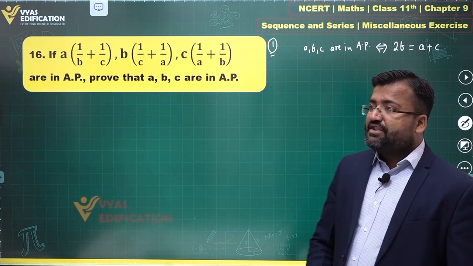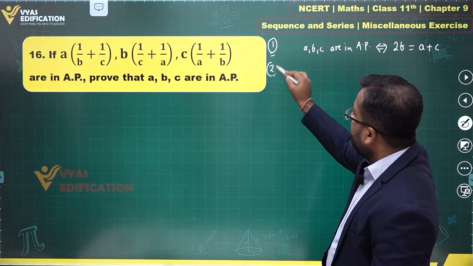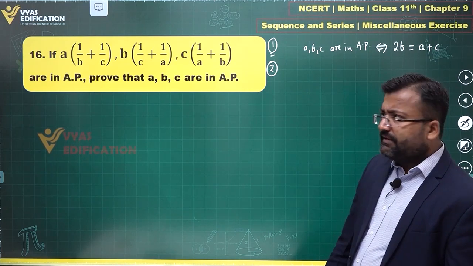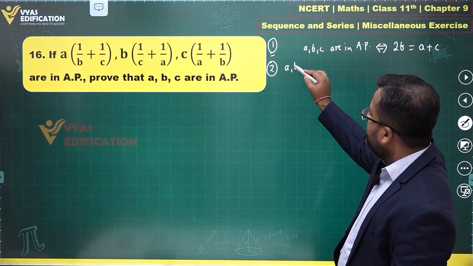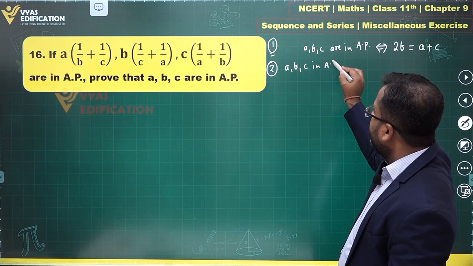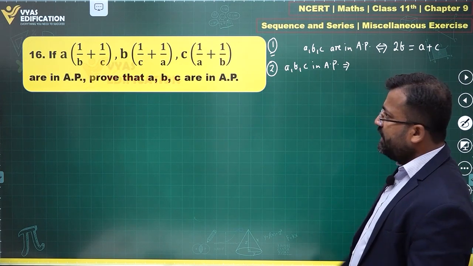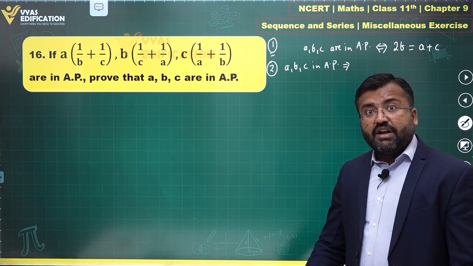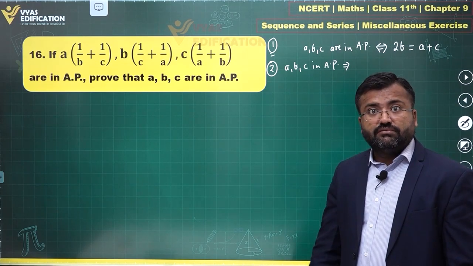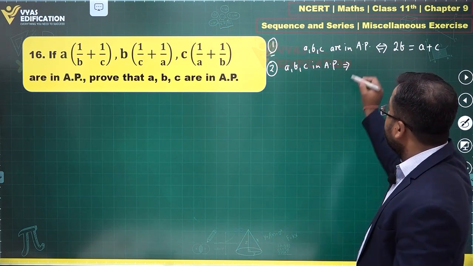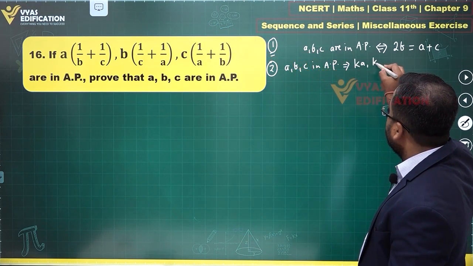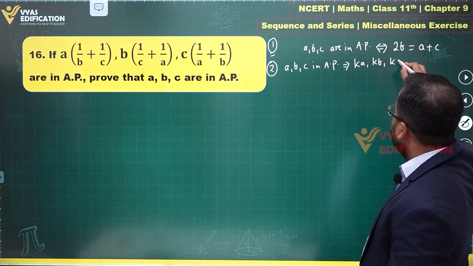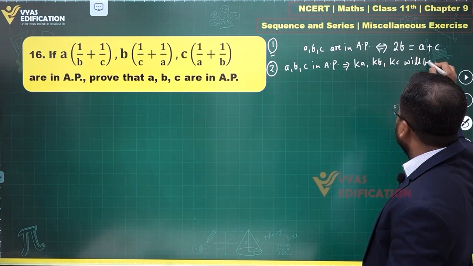But there is another idea which is useful for proving that numbers are in AP. If you are given A, B, C in AP, you can multiply the numbers by any fixed number. Let's say KA, KB, KC will be in AP.